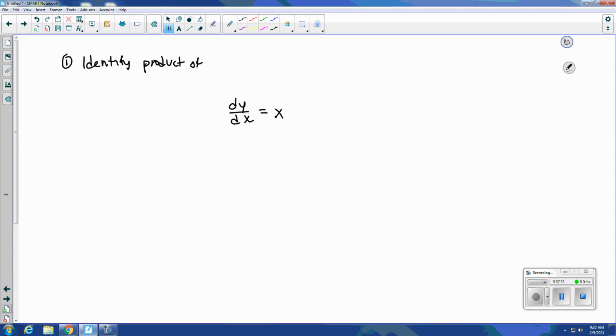That's a separable differential equation. I can get my y's with dy and x's with dx. Then integrate both sides. So we're just going to have y equals 1/2 x squared plus c. So here's the general solution. It's already solved for y for us. So it doesn't necessarily have to be that second variable there. But if there are two variables, we should identify it's a product of two functions.